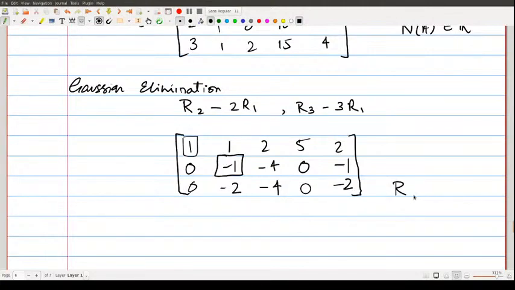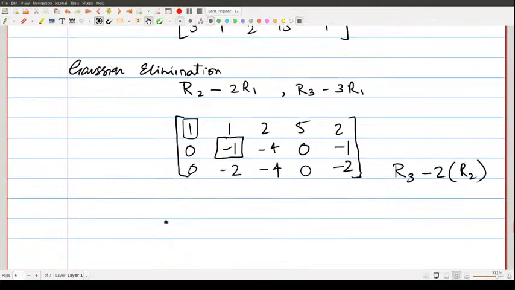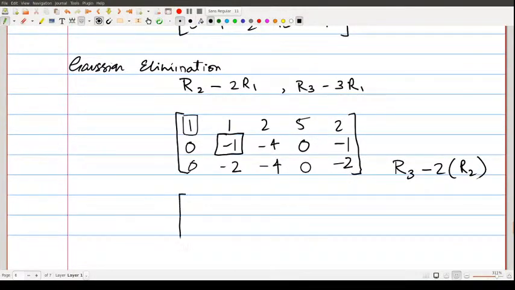It seems I'll probably get it because these two entries are different, while these two are the same. So let's try it out: R3 minus 2 times R2. The resultant matrix is the following. The first row is preserved, and the second row, 0, minus 1, minus 4, is also preserved.